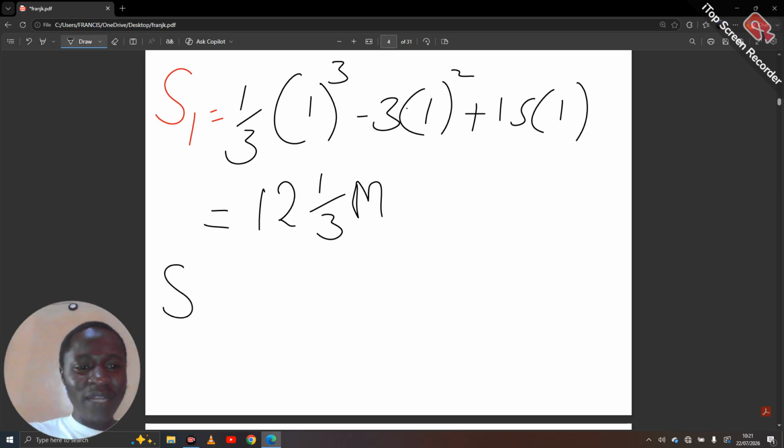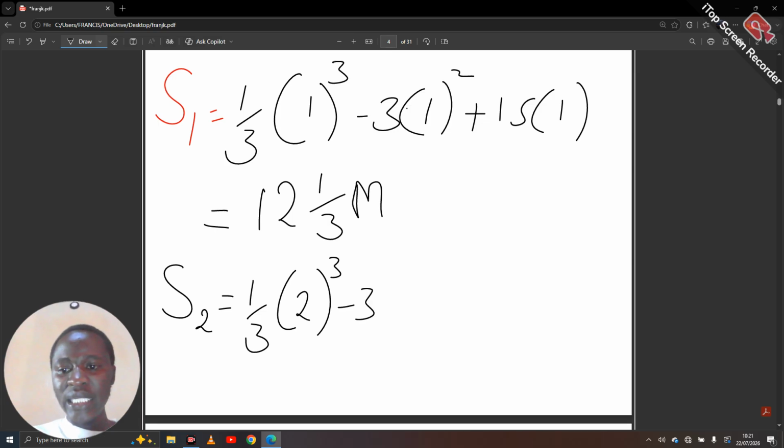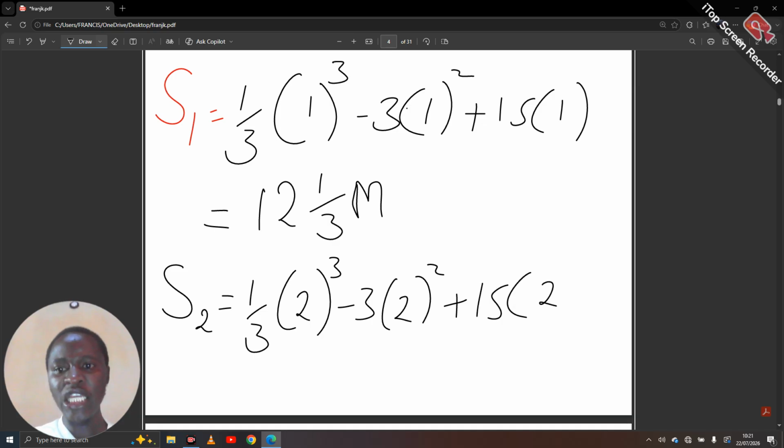The second displacement, which is S2. The 2 I'm writing at this point is time. So I'll have now a third into 2 cubed minus 3 into 2 squared plus 15 into 2.